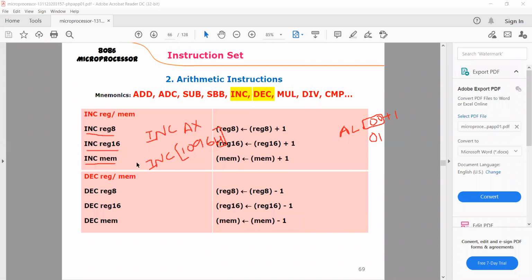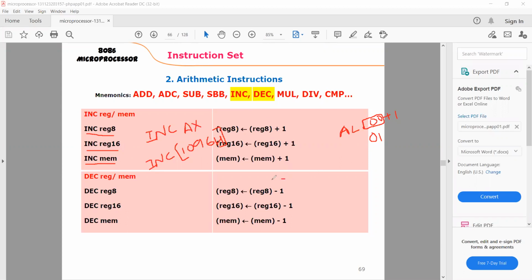Same as the increment operation, we also have the decrement operation. In this process, the data present in the register or the memory location will be decremented by one value. That is indicated here.